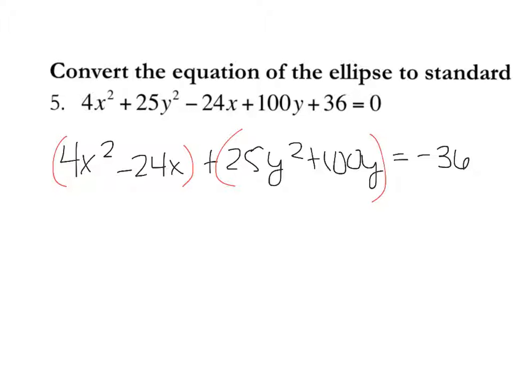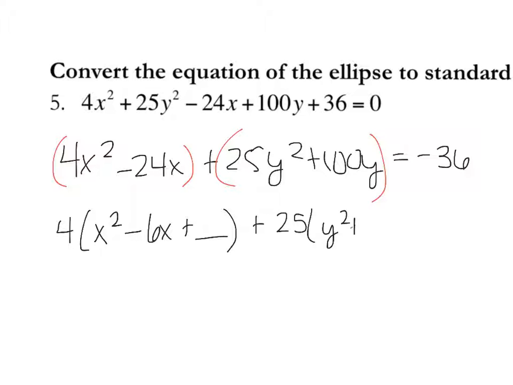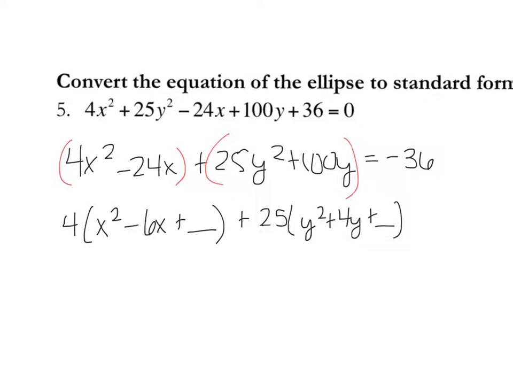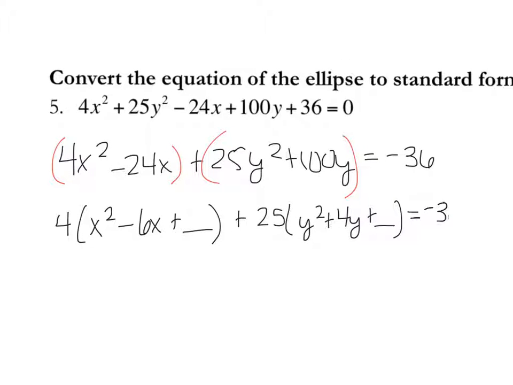Then we group and we take out the greatest common factor. We can take out 4 out of this, just the number, not the variable. Turns into x squared minus 6x plus blank, plus 25 is going to come out of this group. That's going to be y squared plus 4y plus blank equal to -36 plus blank plus blank.